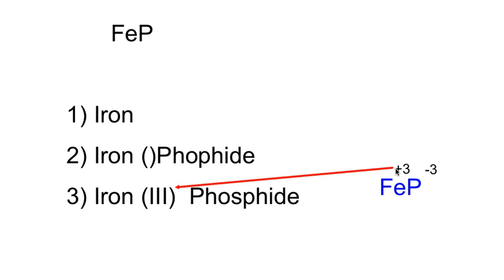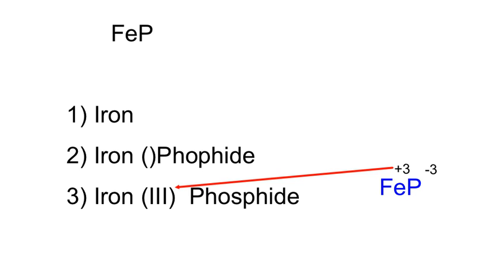So the +3 and -3 have to cancel out. Well, if they cancel out, that means that iron has a +3 charge, and we write Roman number 3 in. So our final answer is iron, Roman number 3, phosphide.